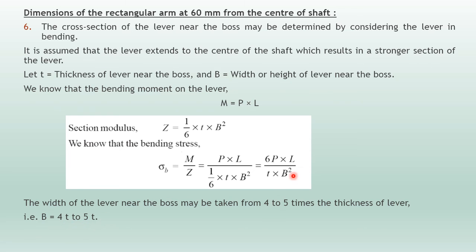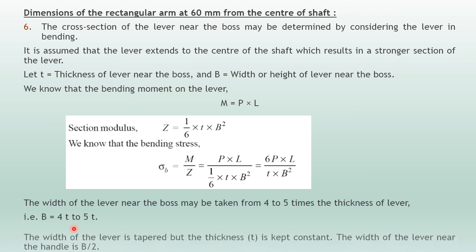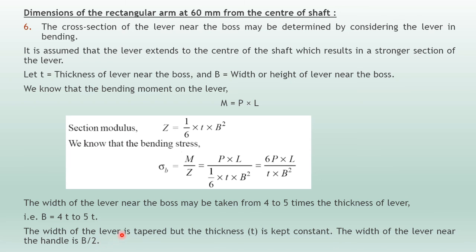So for calculating, you can take it as 4 times T or 5 times T. Both are correct. And the width of the lever is tapered, but the thickness T is kept constant. The width of the lever near the handle is B by 2.